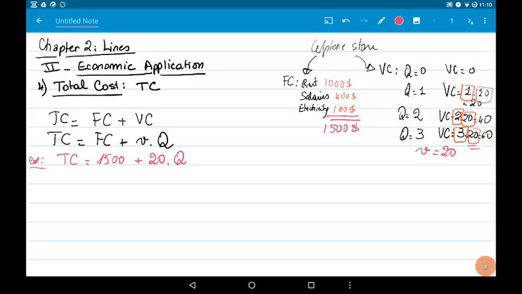So now we have a total cost which shows the relation between TC and Q. We see that this relation is positive. The slope, which here is denoted by V, equals 20. Let's interpret the slope. If Q increases by 1 unit, total cost will increase by 20.